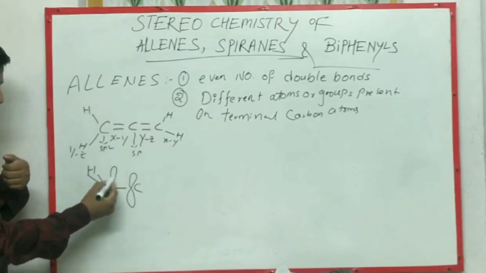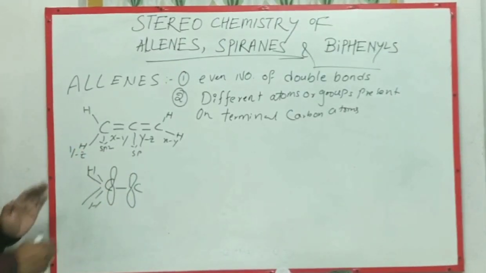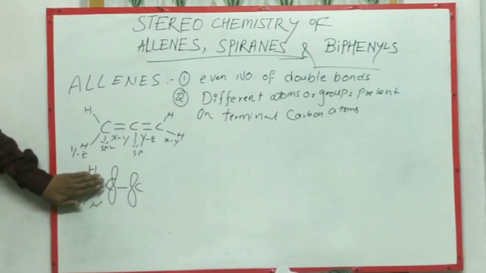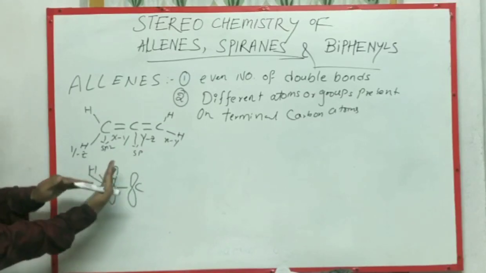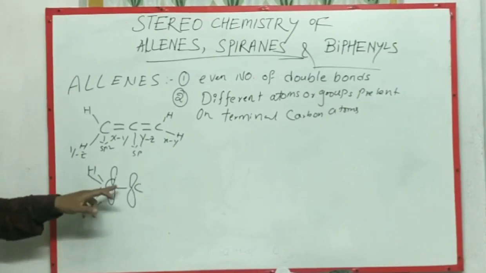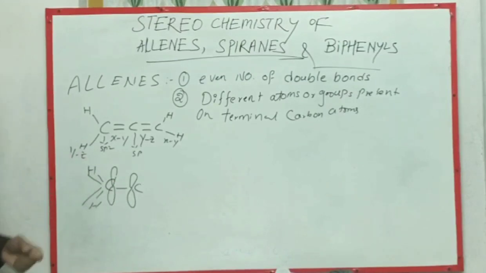I mean, the pi bond forms between the perpendicular p orbitals. That means these two hydrogen atoms are present in one plane, and this pi bond is in a mutually perpendicular plane. The pi bond is present in the perpendicular plane, because the pi bond forms between the perpendicular unhybridized p orbitals.